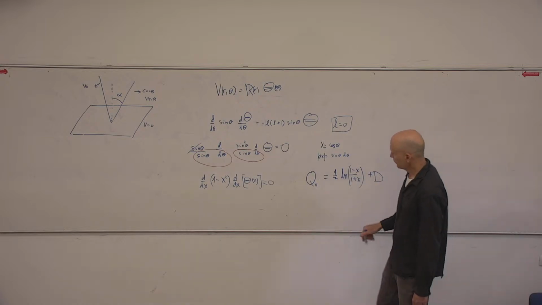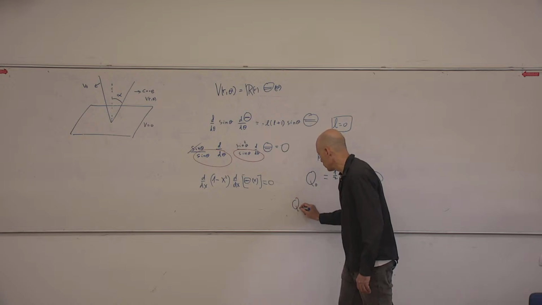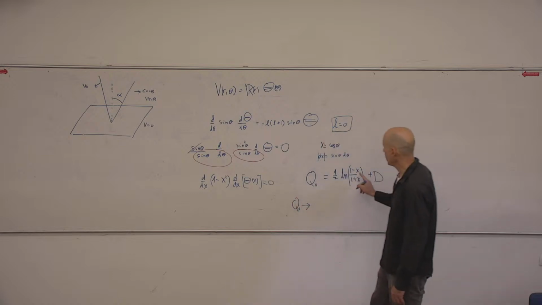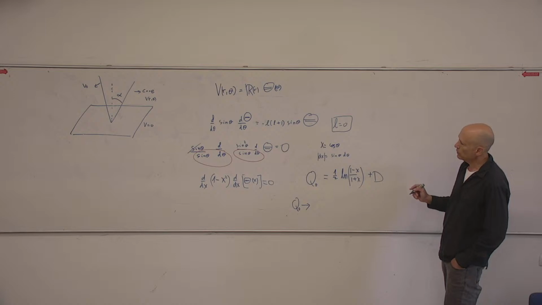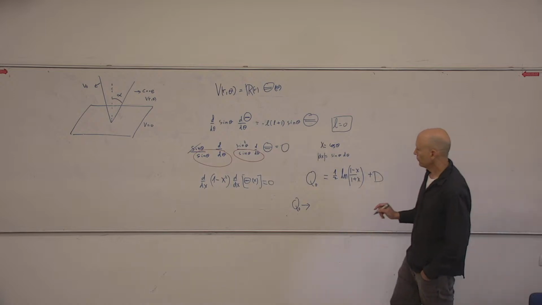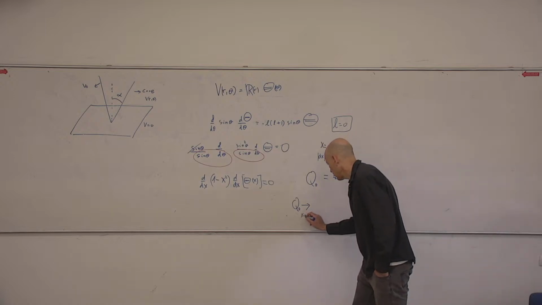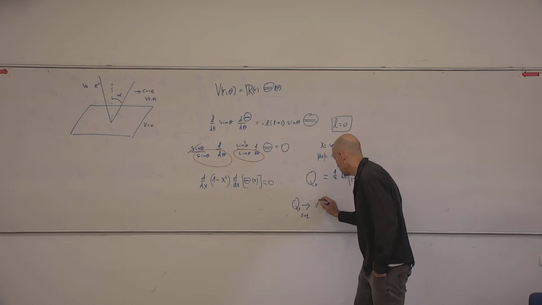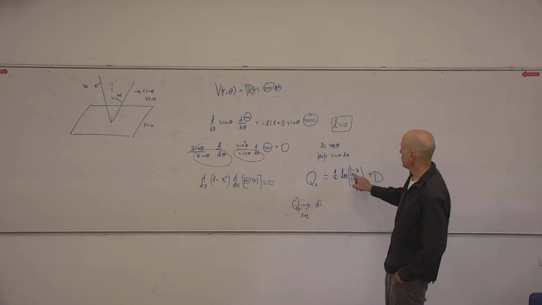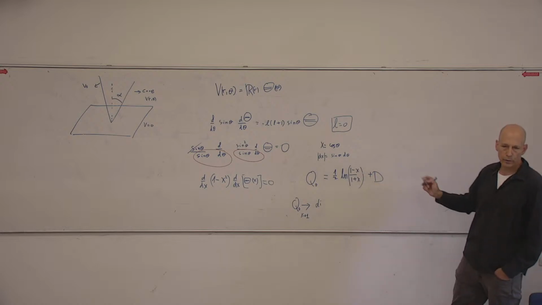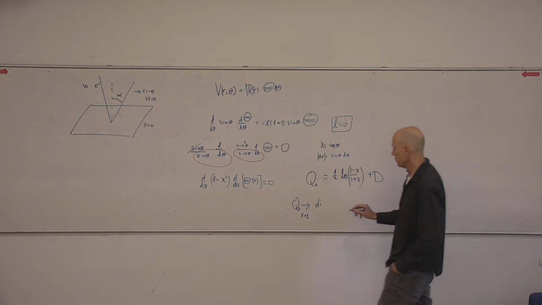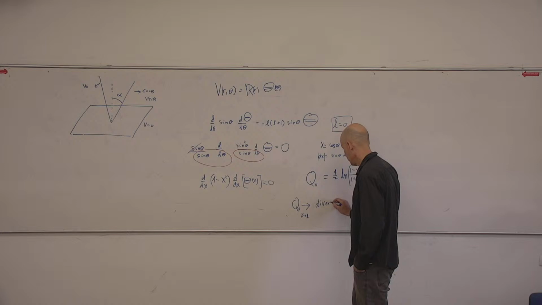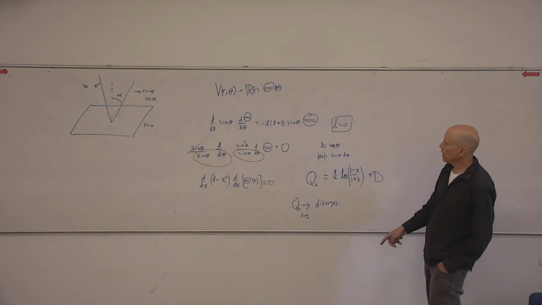This solution, as I mentioned already, what happens to Q0 when x is 1? It goes to minus infinity. 1 minus 1 is 0. Log of infinity diverges. What is x going to 1?